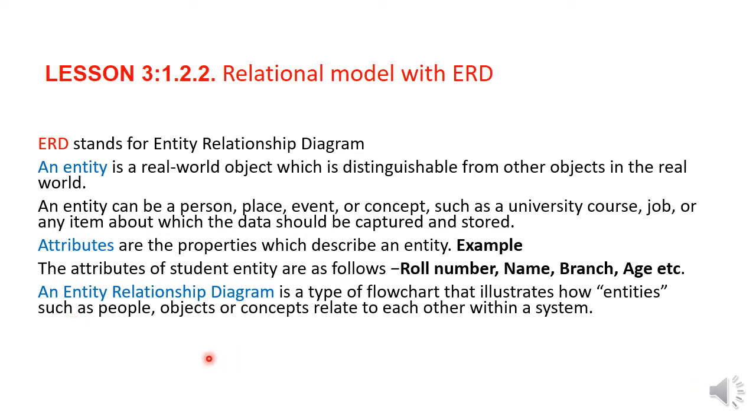So we say that an entity relationship diagram is a flowchart that illustrates how entities such as people, objects, concepts, and so on relate to each other within a system. So an entity relationship diagram is a graphical representation of entities and their relationships.